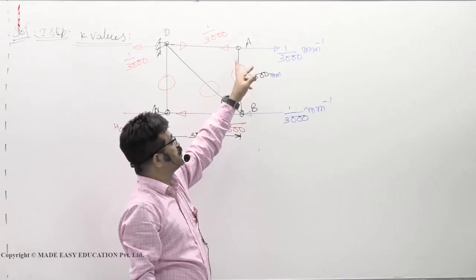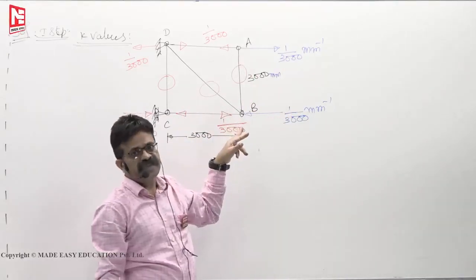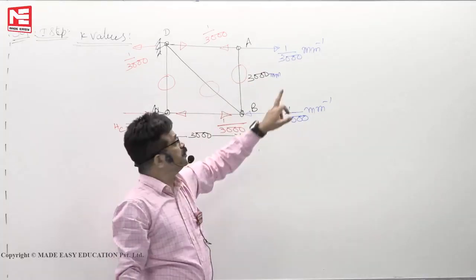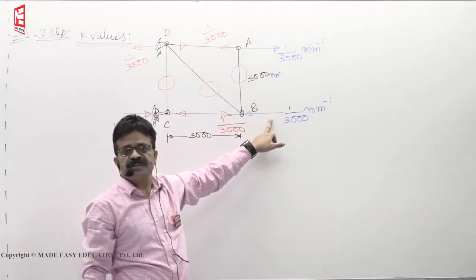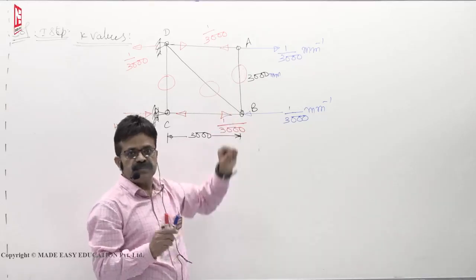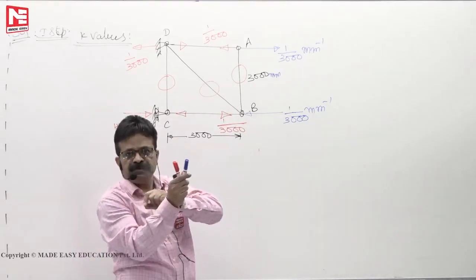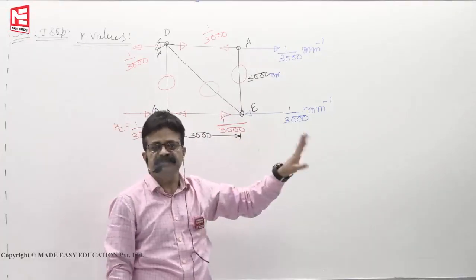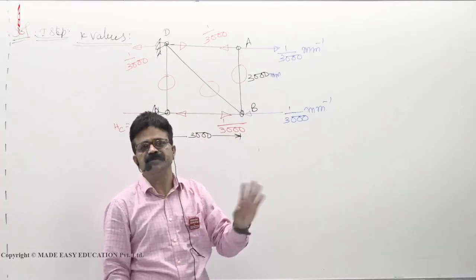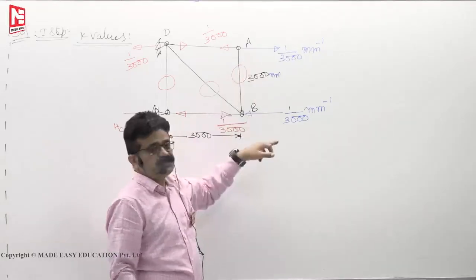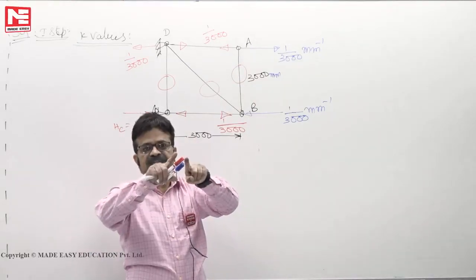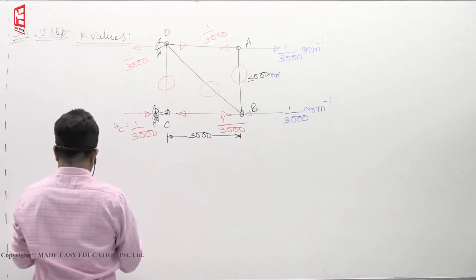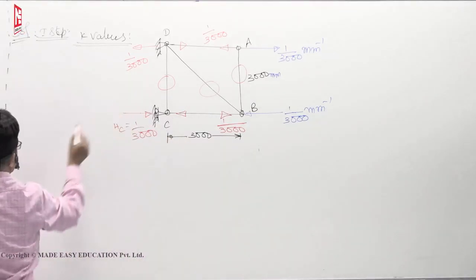If you write sigma x 0, right side force, left side force balanced. Sigma y already 0, but sigma m is not 0. So this is not a system of forces which are already in equilibrium. Those two forces put together will form a couple. To balance that clockwise couple, an anti-clockwise couple should develop by the reaction. Then it will be in equilibrium. If at all these two forces are in the same line, then reactions are there, simply keep quiet. Like that. So support reactions are over and member forces are over.